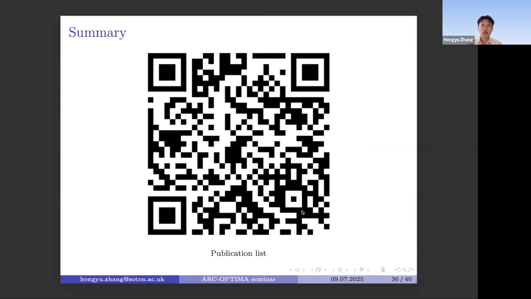Here you can scan this code to look at all the publications related to the algorithms we developed, and of course the papers I used in this talk. I omitted a lot of details, so it's good to check those.